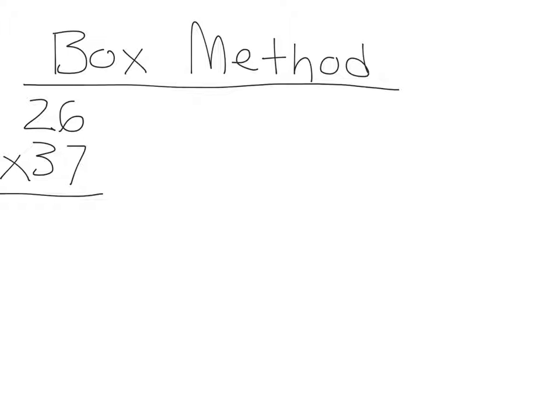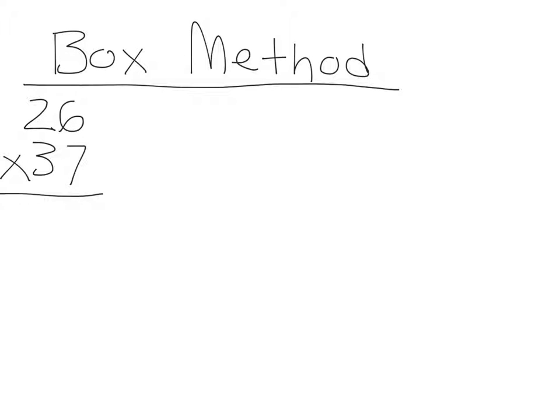As I mentioned before, the box method is somewhere in between using the lattice method and partial product method. In 5th grade, it is our goal to get you away from the lattice method, even to maybe get you away from this box and partial product method and into the standard algorithm. But I like this as sort of an in-between the two, getting you ready for a different level of multiplication.